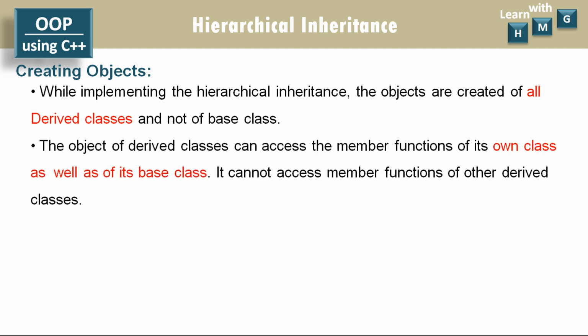The object of a derived class can access the member functions of its own class as well as of its base class. It cannot access member functions of other derived classes.